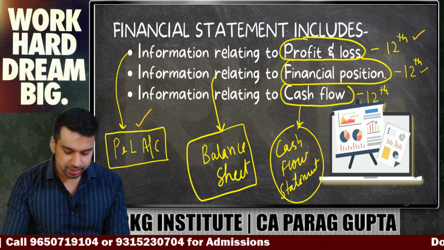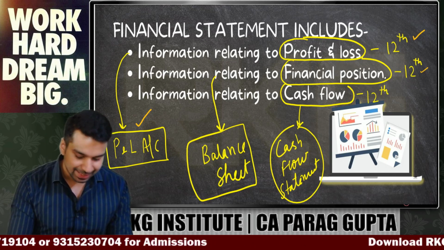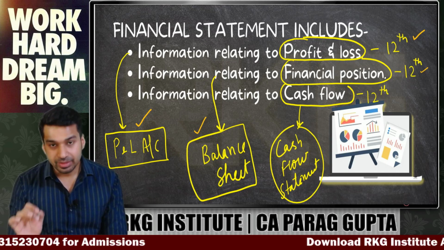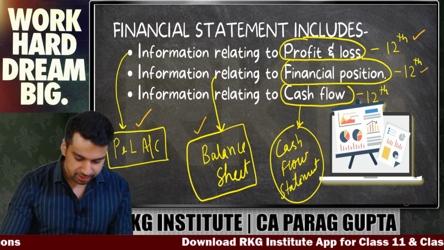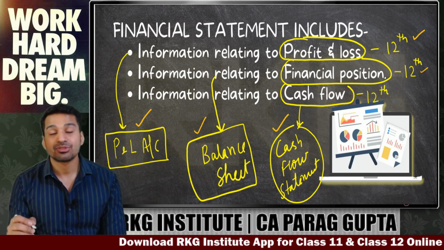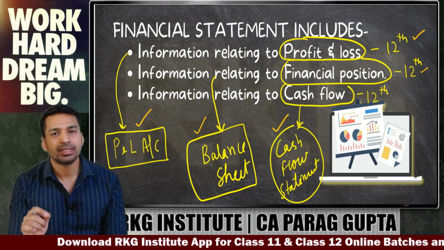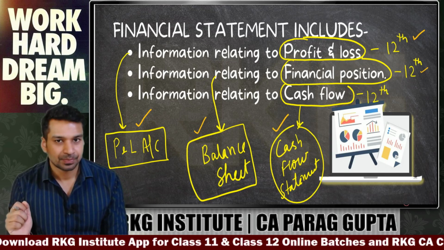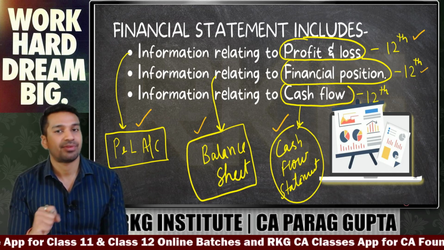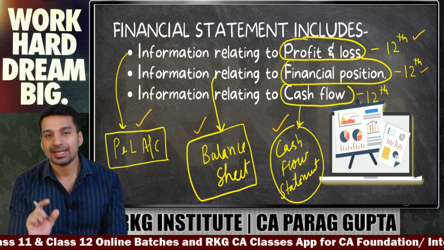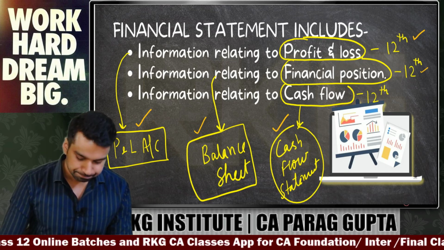Second, information relating to your financial position, that is the balance sheet. We will be studying it in chapter 5. And third, information relating to the cash flow, that is cash flow statement, and we will also cover it in class 12th. So these three information combined are known as financial statement, or you can say accounting information.